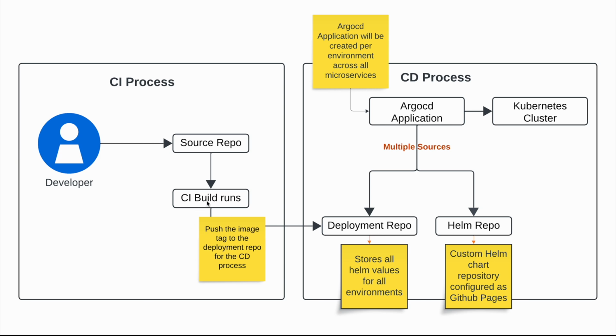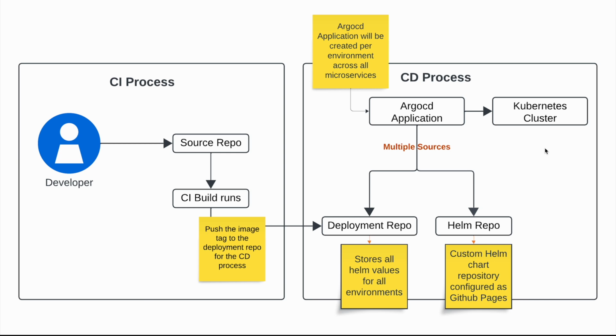So whenever your CI build is running, you are pushing your image tag or your image version like GitHub SHA, if you are using it for your image, you just use that to the deployment repositories for your CD process, because there is no direct relation between CI and CD. So some kind of notification is required so that your CD process which stays here will start running your deployment.